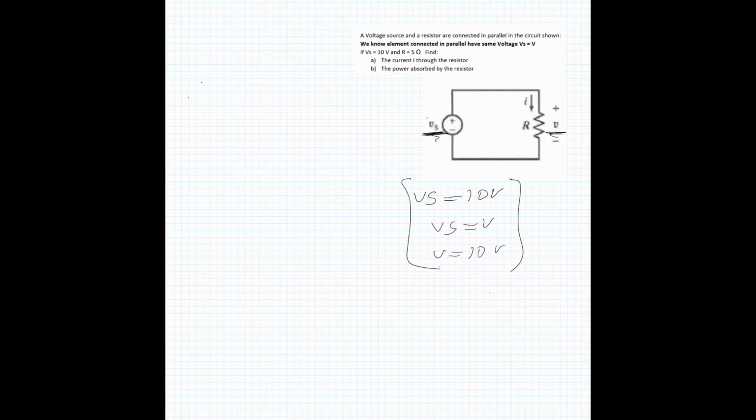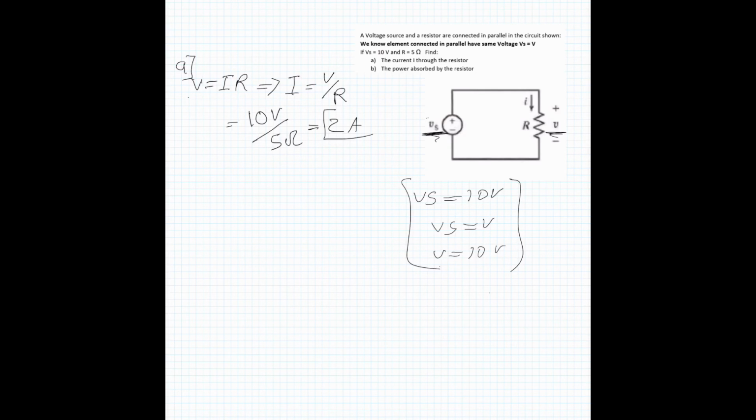We know V equals I R. So I will be equal to V divided by R, and that will be 10 volts divided by 5 ohms. That will give us 2 amps. So that's part A.